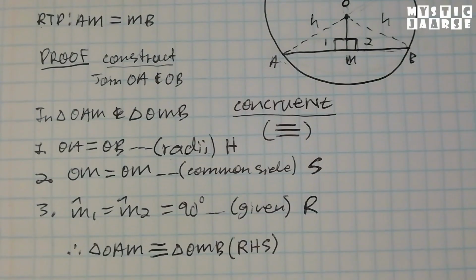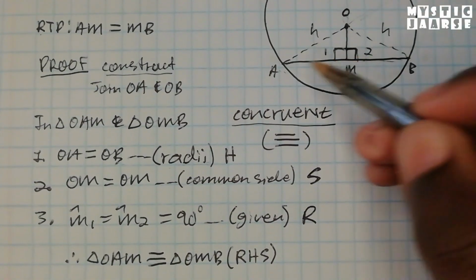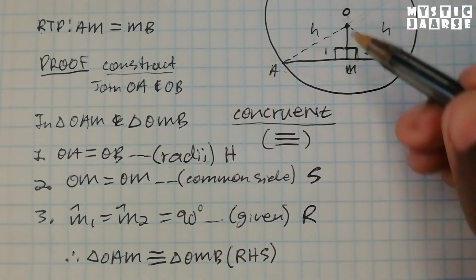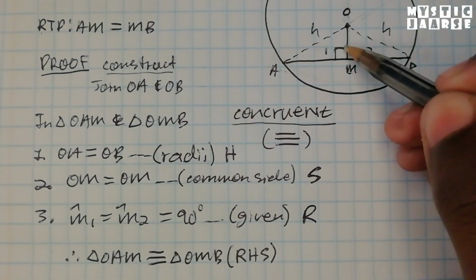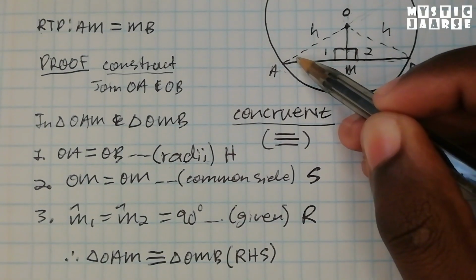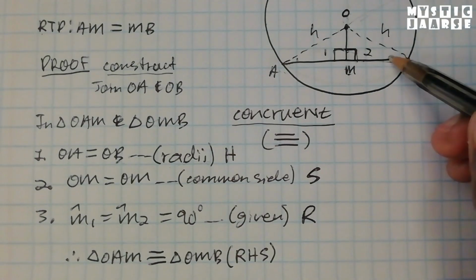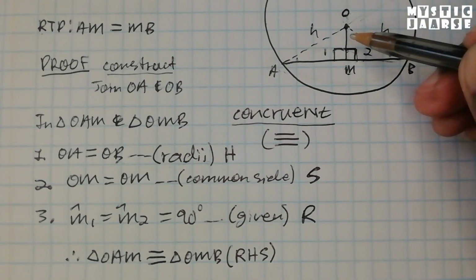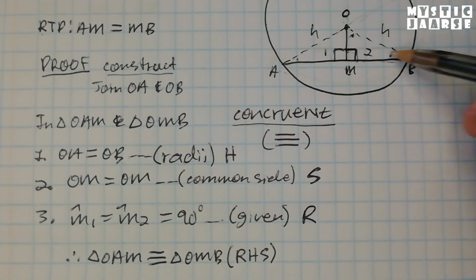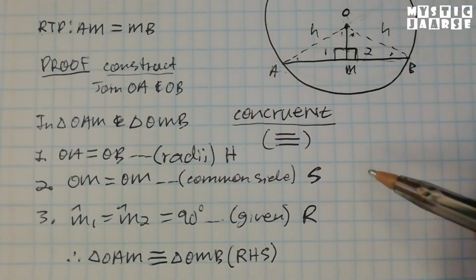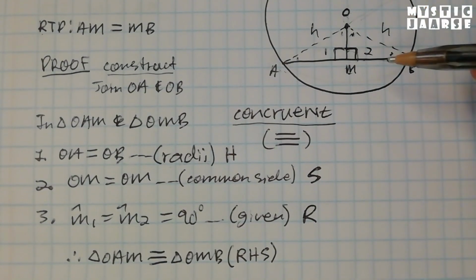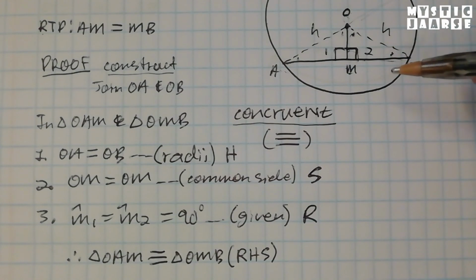So since we have proven that triangle OMA is exactly the same as triangle OMB, meaning this angle of this triangle is equal to this angle of this triangle, and this angle of this triangle is also equal to this angle of this triangle, then congruent shapes have equal angles and equal sides.